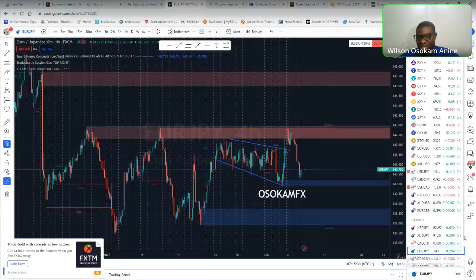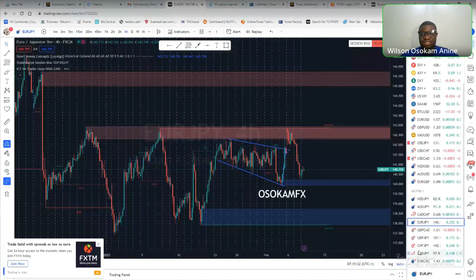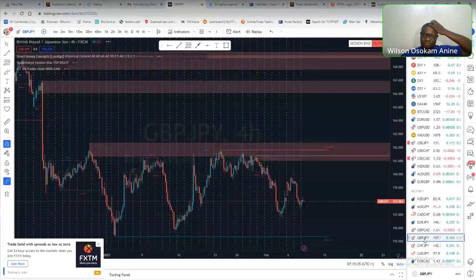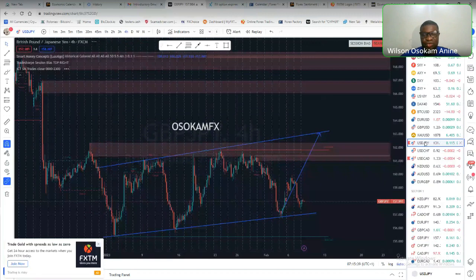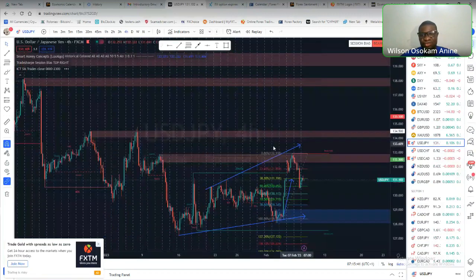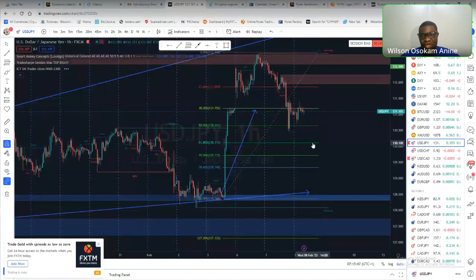Then GBP-JPY did massive drops yesterday. So today, before I buy a pair like USD-JPY, I still want it to drop down to 130 before I see a buy.